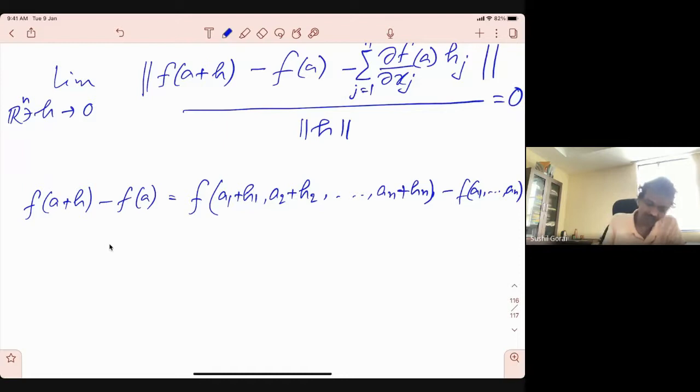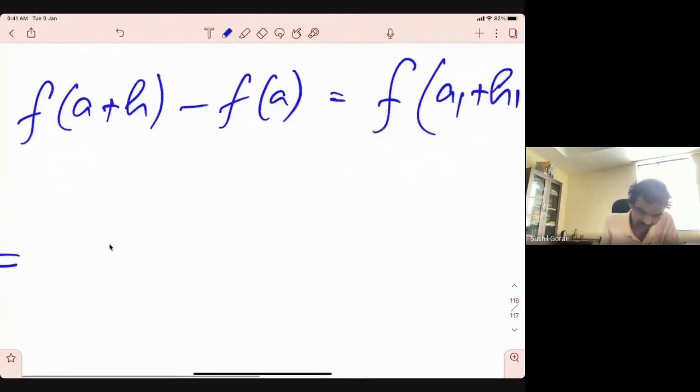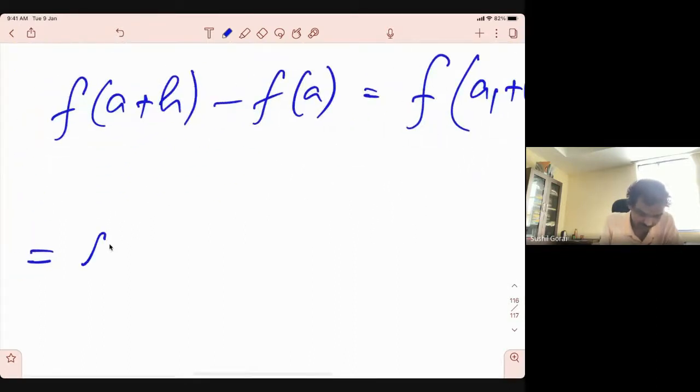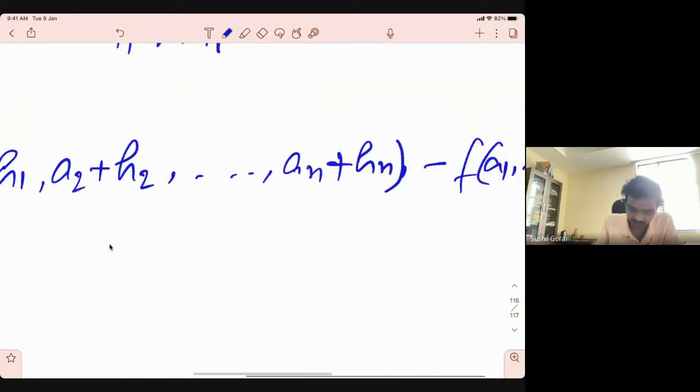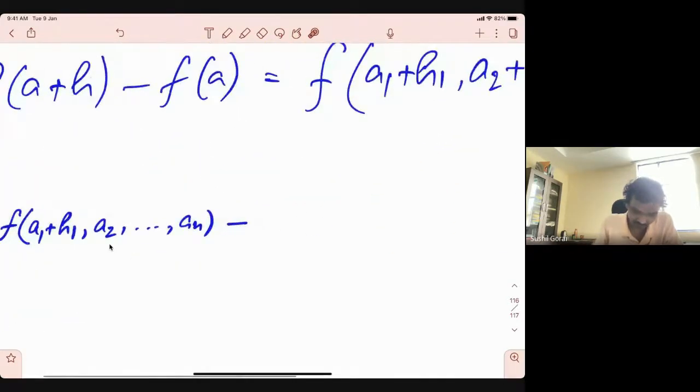All right. Now this one we actually want to organize in a different way. So firstly, we look at f of (a1 plus h1, a2, ..., an) minus f of (a1, a2, ..., an). All right.